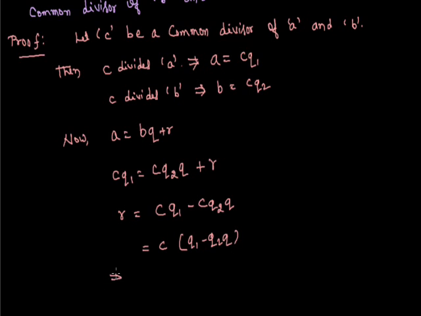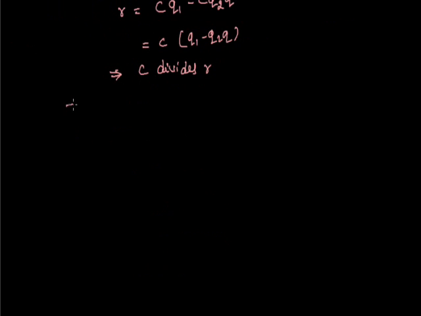It means C divides R. So C is a common divisor of B and R. Now C is a common divisor of A and B, and C is a common divisor of B and R. So every common divisor of A and B is a common divisor of B and R. So this is the proof of this Euclid division algorithm.